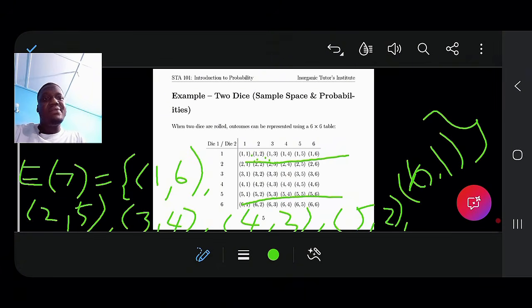Although the sum is 7, remember 7 0 is not in the sample space because none of the dice contains a 7 or even a 0. So you should make sure the event that you list can be found in the sample space. So this is the event of 7, and it's a compound event because it has more than one outcome. Okay, so now how do we determine the probability?